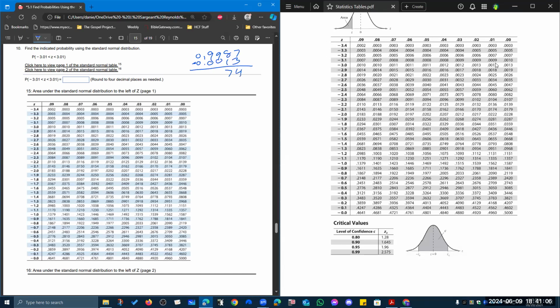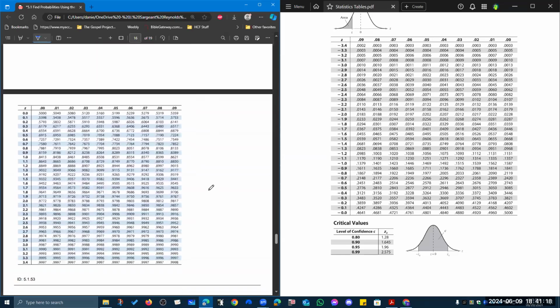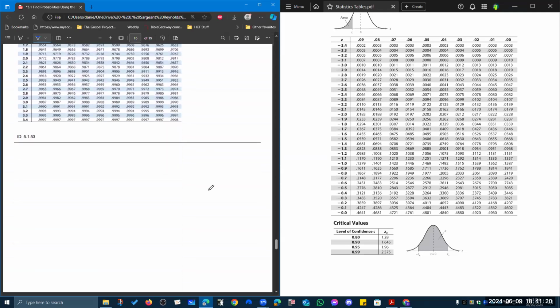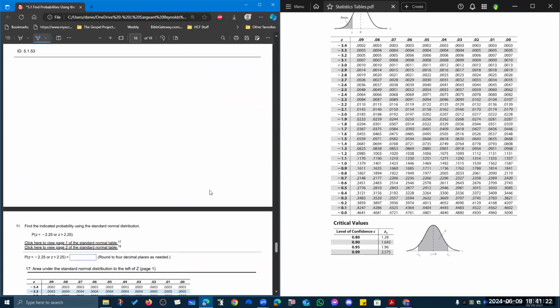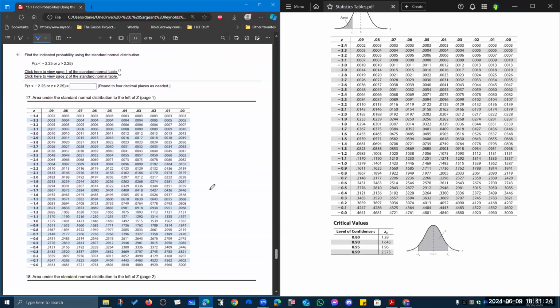This is 0.4799, so 0.9974. We didn't talk about anything in this video about things that are bigger than 3.5 or smaller than negative 3.5. So I'll show you what to do with that with the table in just a second.